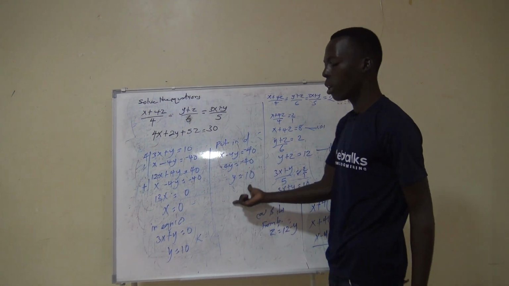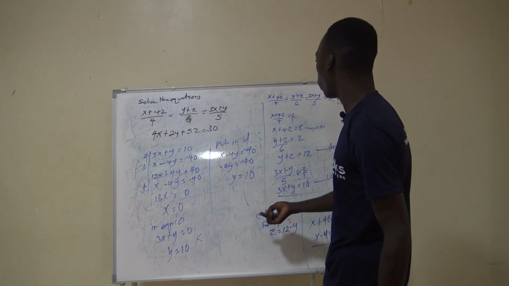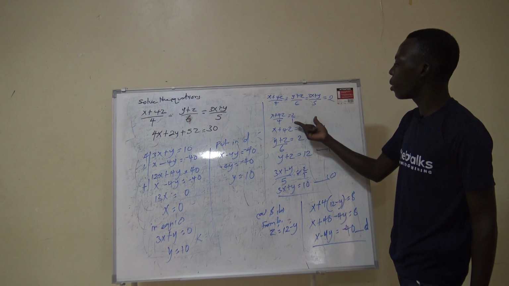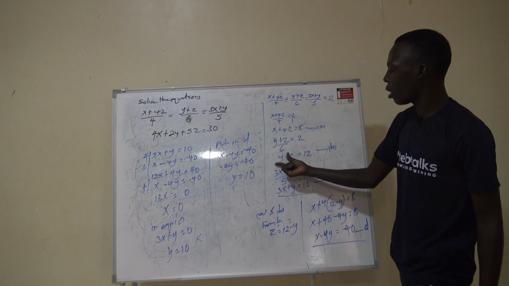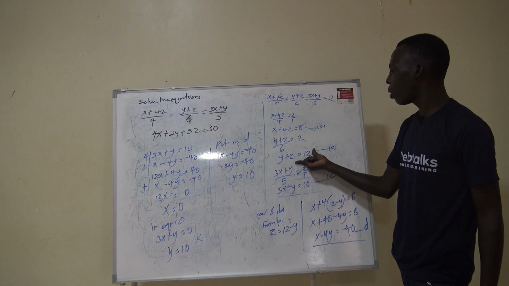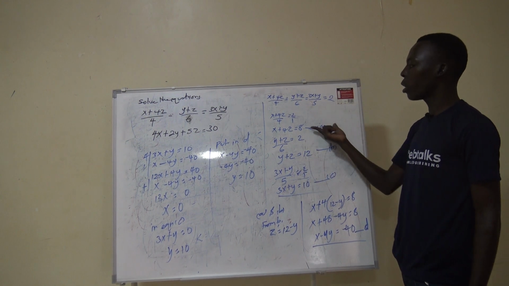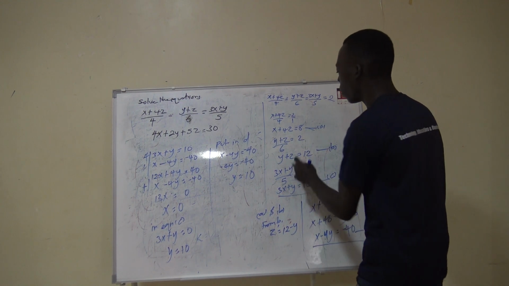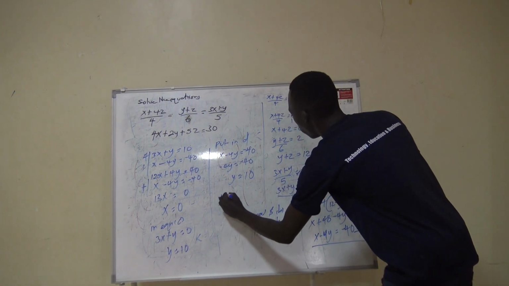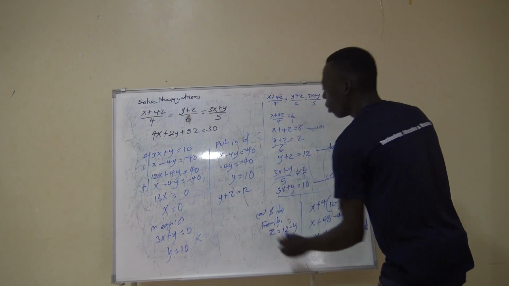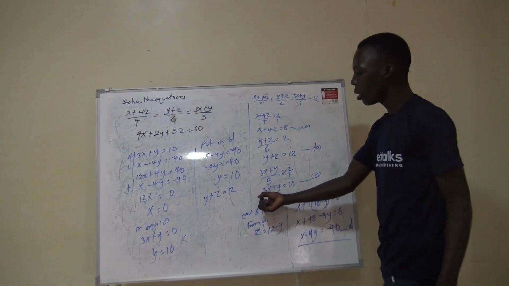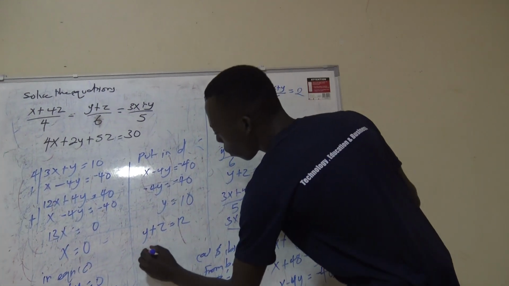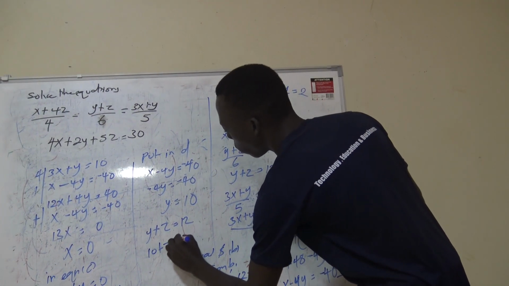After getting y as 10 and x as 0, substitute in equation A or B to get the value of z. From B, y plus z equals 12. When you put in y, which is 10, it will be 10 plus z equals 12.